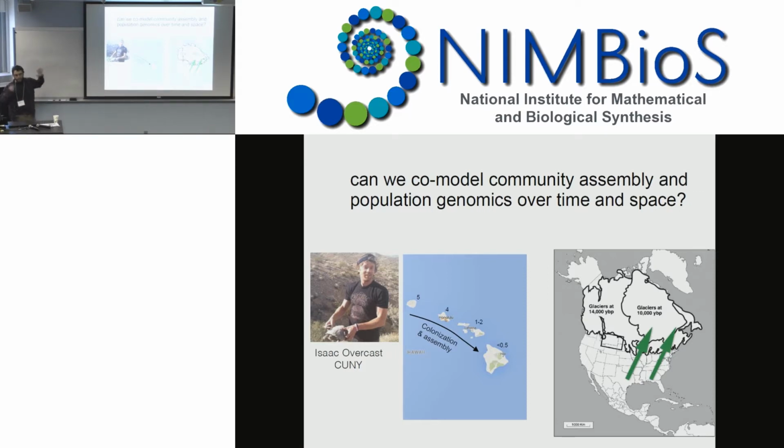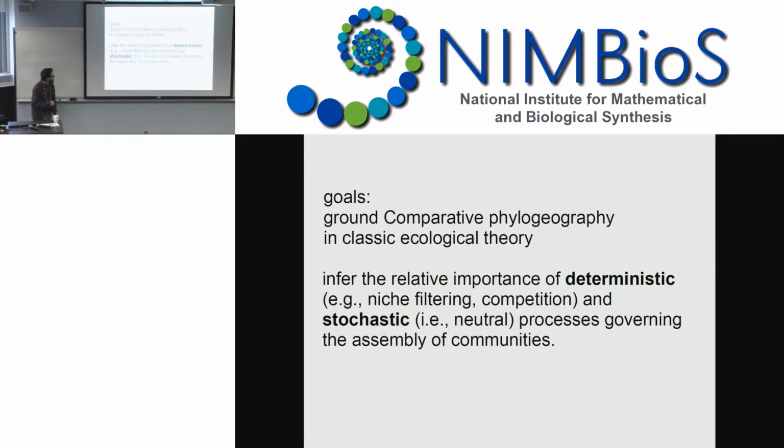It could be any metacommunity situation where you have history and some spatial component. The idea is to ground comparative phylogeography in classical ecological theory, something that hasn't really been done very well, to my knowledge.